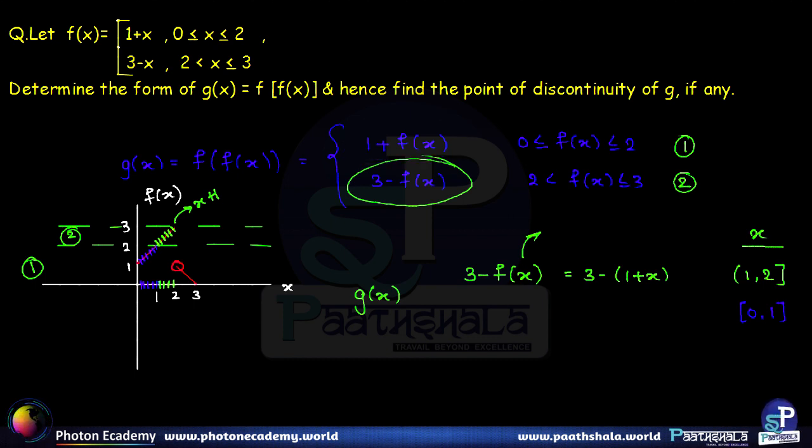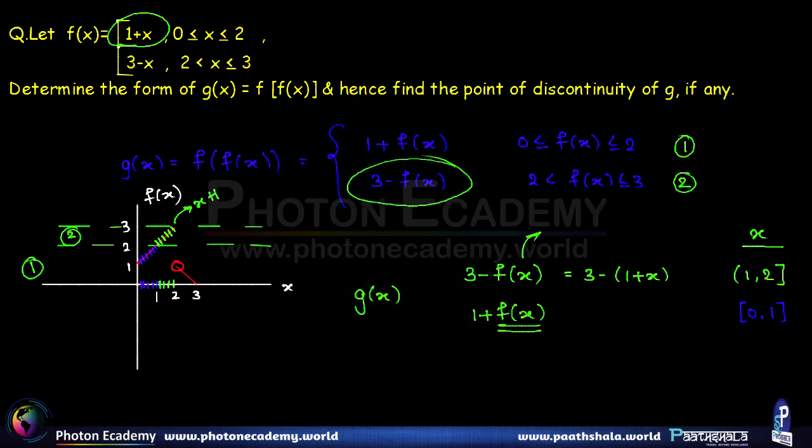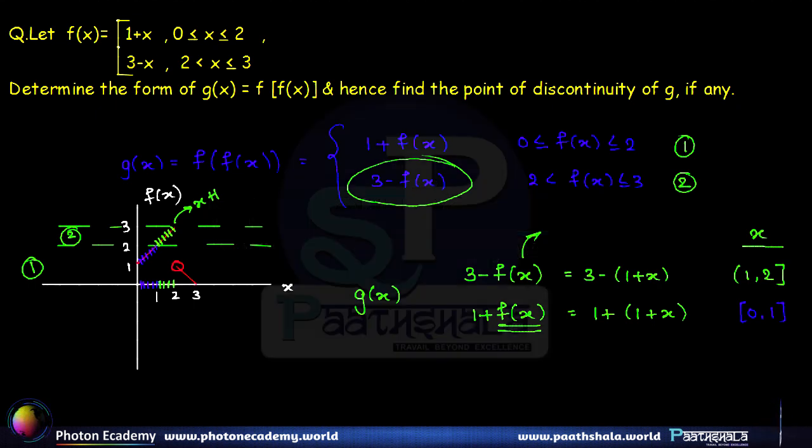So let's write, it's 1 plus f of x. But what about f of x? x is between 0 to 1, so this definition will apply. So that will become 1 plus 1 plus x. So this is the definition of g of x for closed interval 0 to closed interval 1.